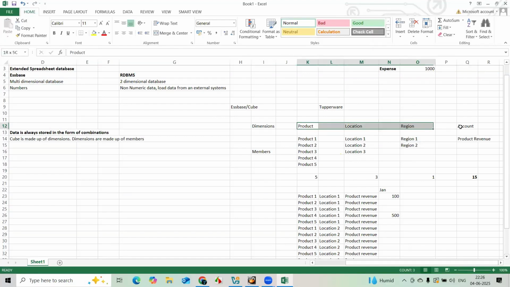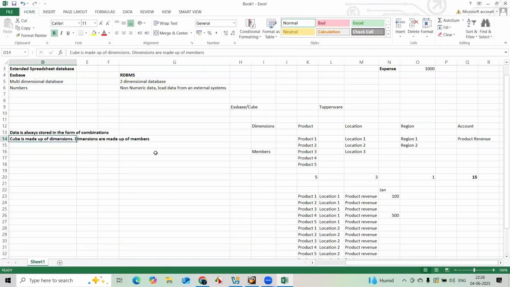It can have multiple dimensions in one cube. Since this database can accommodate multiple dimensions and is not restricted to two, Essbase is called a multi-dimensional database. So a cube is made up of dimensions, and the dimensions are made up of members. This is what the architecture of the cube is. Any doubts still here? Especially the people who are new to EPM.